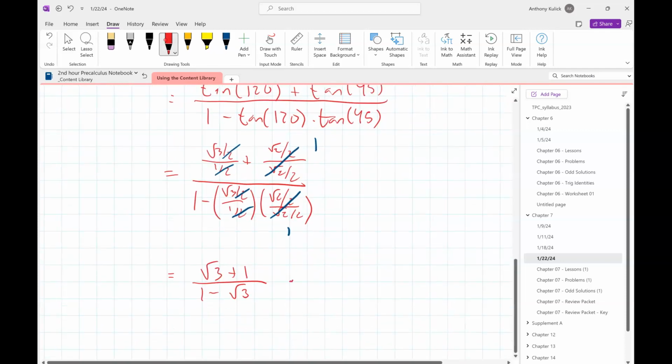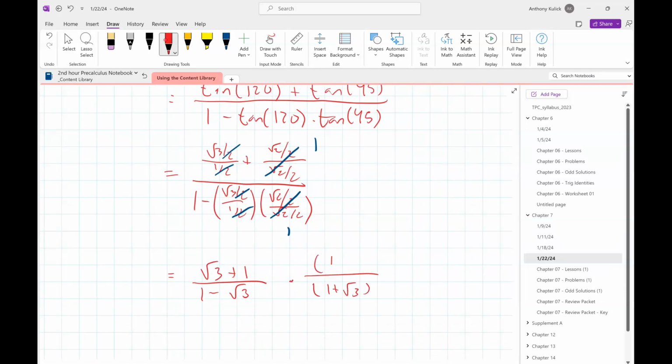And now I just need to get rid of the radical in my denominator. So I'll multiply by the conjugate. That's the same thing as the denominator, just with the opposite sign in the middle. So we'll FOIL out the numerator, root 3 plus root 3 squared plus 1 squared plus root 3 squared.